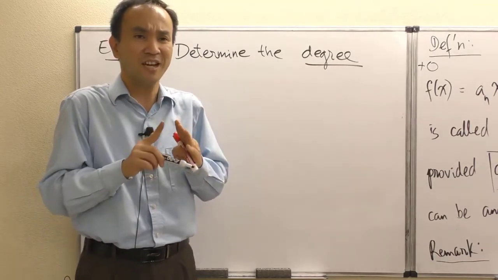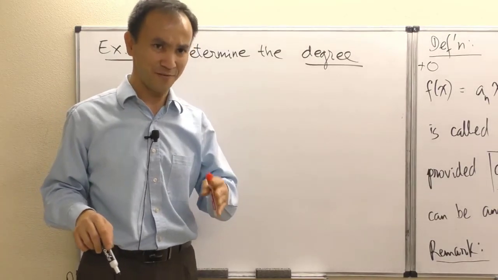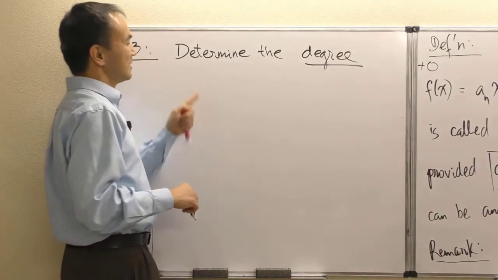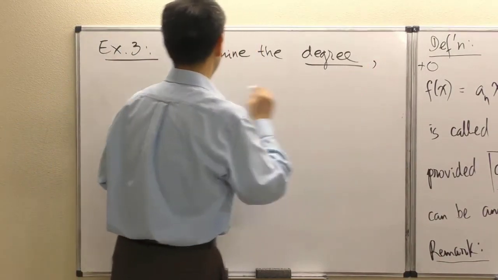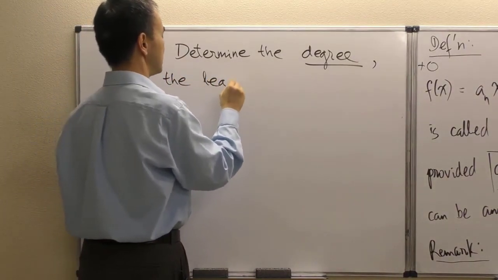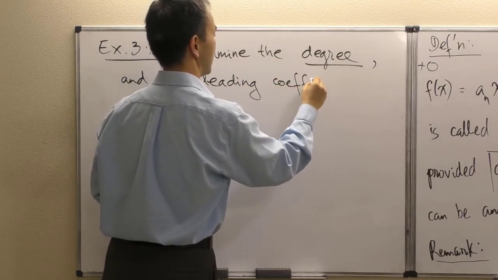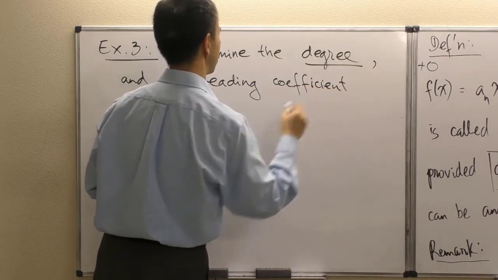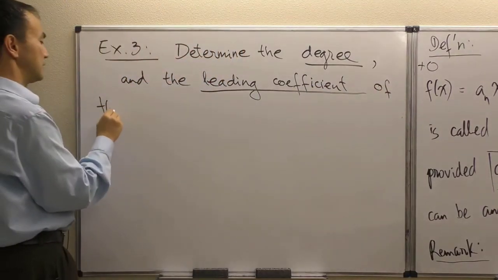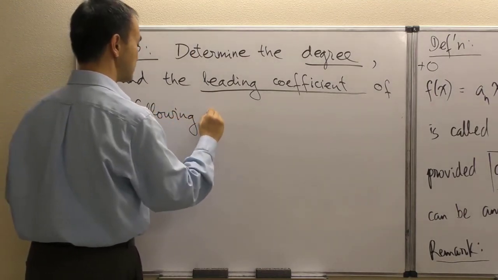This information is so important, the leading information for any polynomial, the first thing in line we need to identify. So determine the degree and the leading coefficient of the following polynomial.